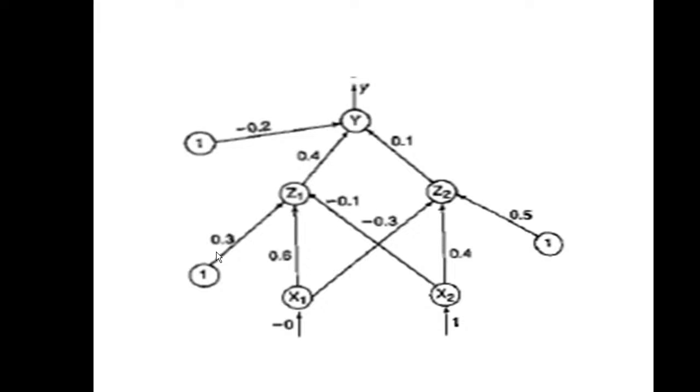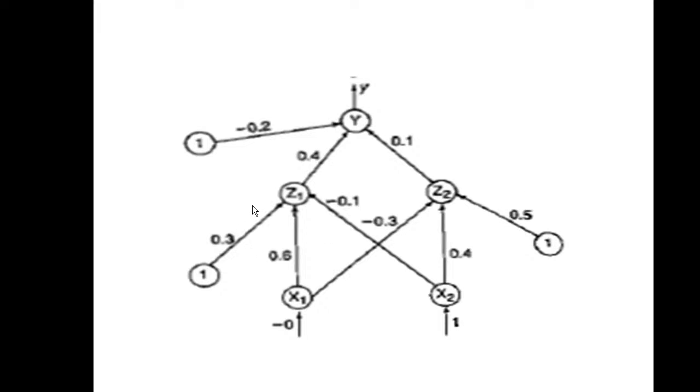From 1 to z1, this is a bias. We know that in a backpropagation network there will be bias. One bias is there on z1, which is connected by 0.3 weight, and one bias is there on z2, which is connected by 0.5 weight.